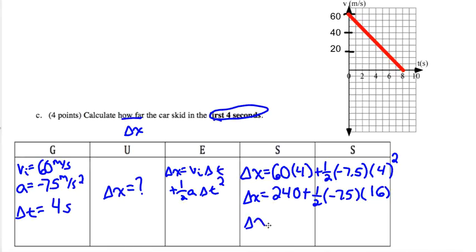If you do that correctly, when you multiply those 3 together, you'll get a negative 60. So your final answer, delta x, the distance, 240 minus 60, gives you a positive 180. So 180 meters is your answer for this one. It's a distance, so the label is meters. Make sure you have that.